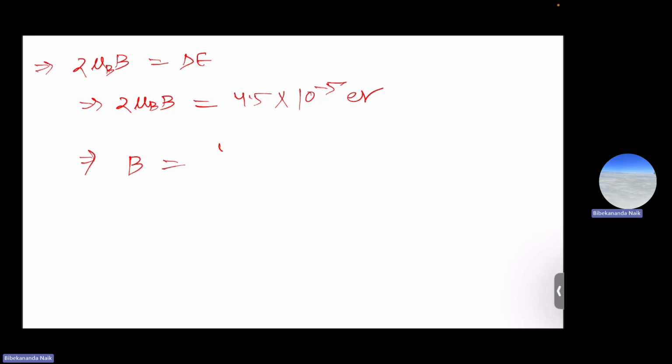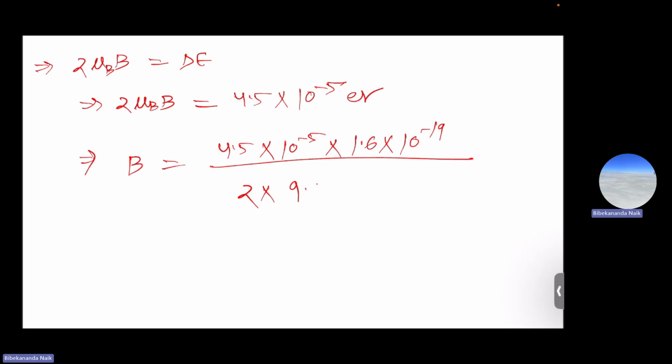B will be 4.5 into 10 to the power minus 5 into 1.6 into 10 to the power minus 19, divided by 2 into 9.274 into 10 to the power minus 24.